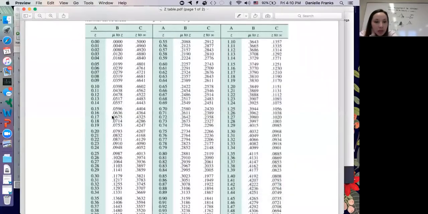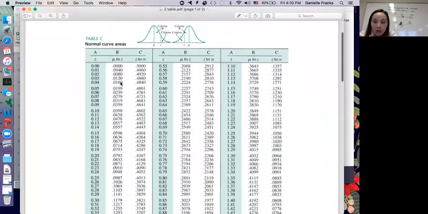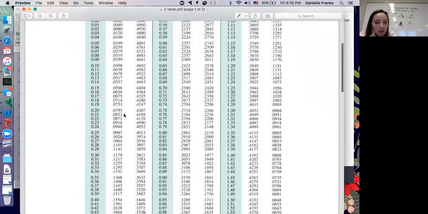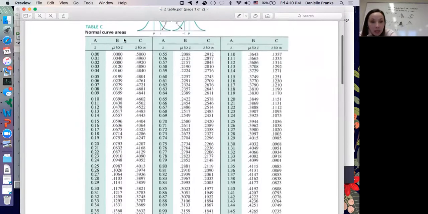Okay, so here's our z table. Now we're looking for a z-score of 0.25. We look here, here it is. Now we are working with the mean to z column, which is our B column here. So if we look at our z-score of 0.25, and our B column is our mean to z column, we see that the proportion that's associated with that is 0.0987.